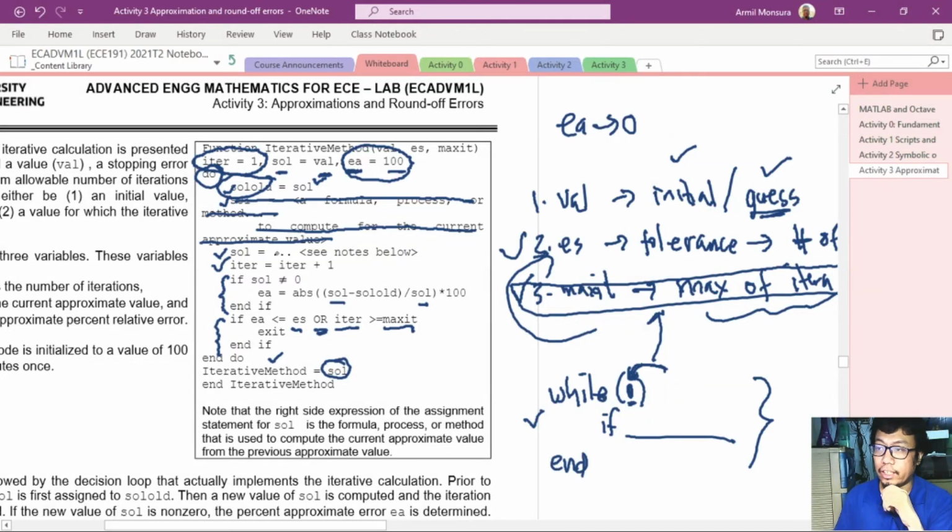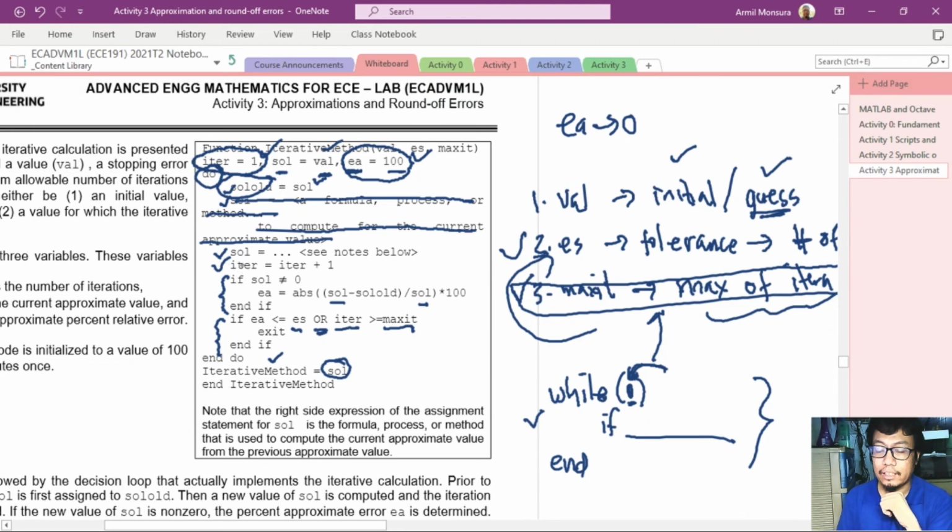Okay. So again, to summarize, initiate 3 values. Okay, the solution, the iteration tracker, and the approximate error. Okay. Then inside the loop, okay, first pass the value of the previous calculation to another variable, then compute the value of the new variable.